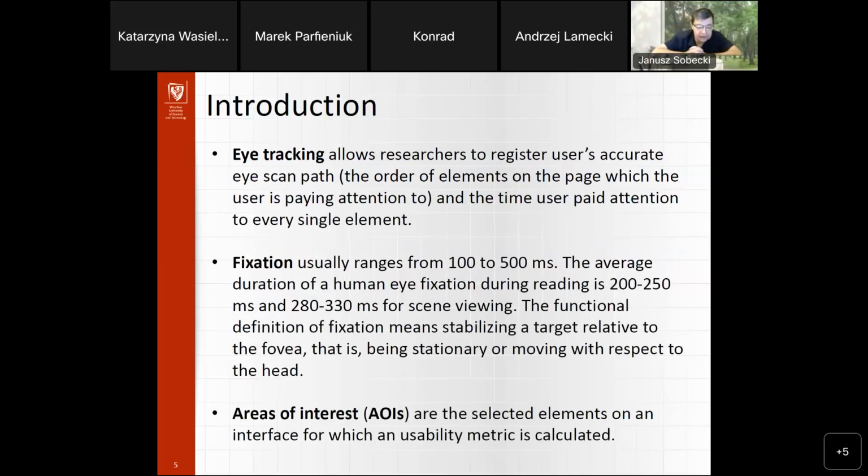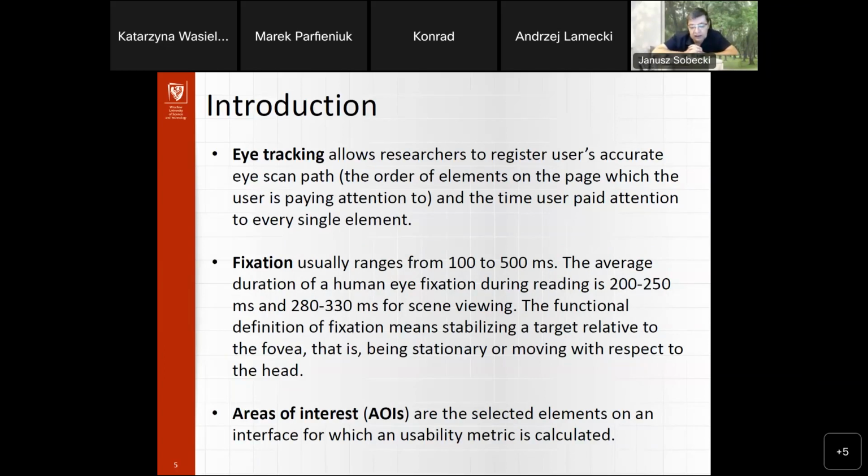Eye tracking, of course, is known for more than 100 years, and it was also applied in usability studies for more than 30 years, using different methodologies, different experimental devices.